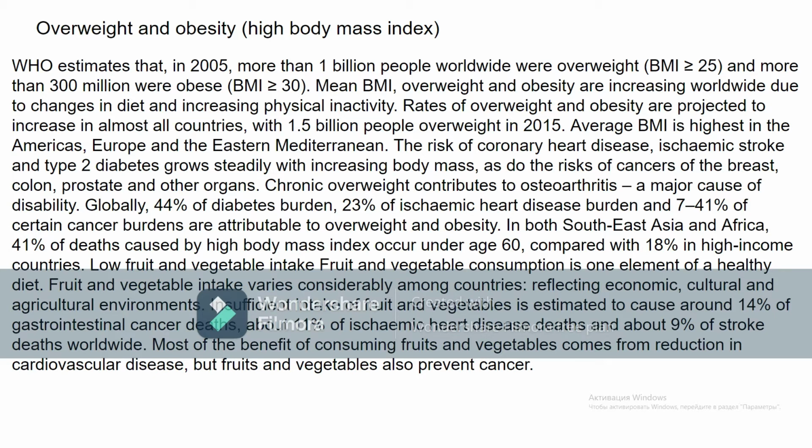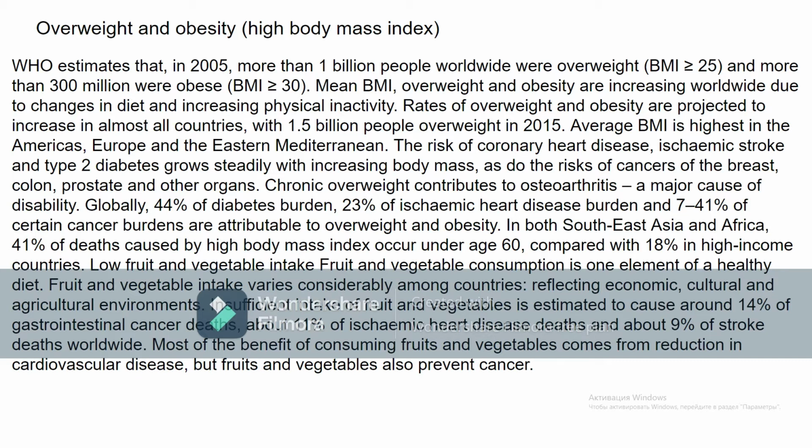Low fruit and vegetable consumption is one element of a healthy diet. Fruit and vegetable intake varies considerably among countries, reflecting economic, cultural and agricultural environments.